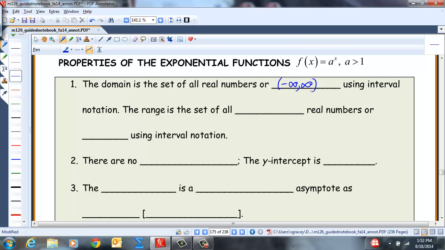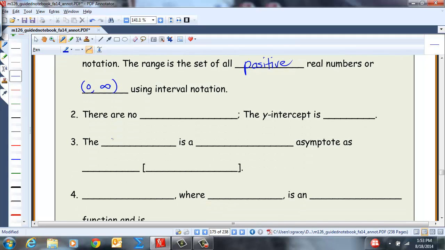The range is the set of all positive real numbers, or 0 to infinity, non-inclusive, using interval notation. There are no x-intercepts because it never crosses the x-axis.